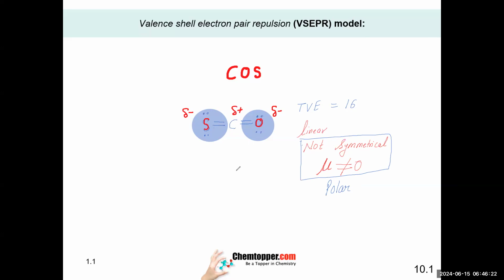But in which case is the difference in electronegativity more? Which one is more electronegative, oxygen or sulfur? So here the difference is more, so big dipole. And on the other side, the difference is less, so small dipole. Let's make it slightly smaller.